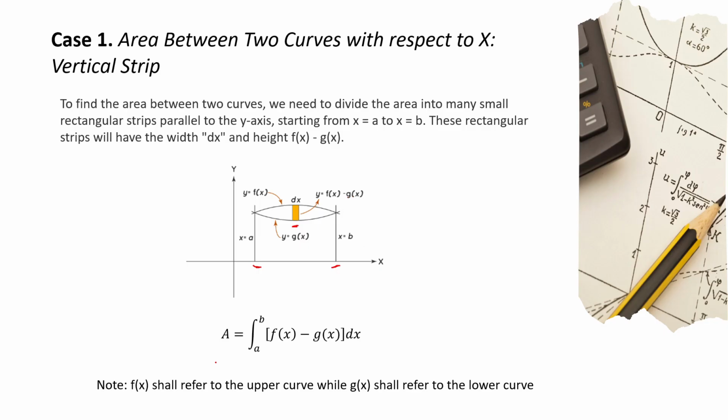So f of x shall refer to the upper curve and g of x shall refer to the lower curve. Defining this, we have area is equal to the integral of f of x minus g of x with respect to x from a to b.